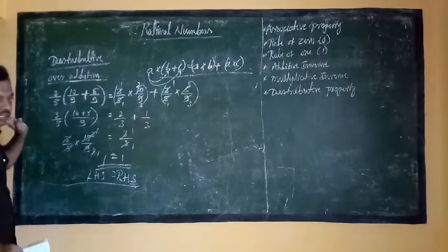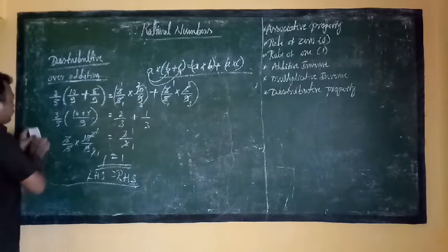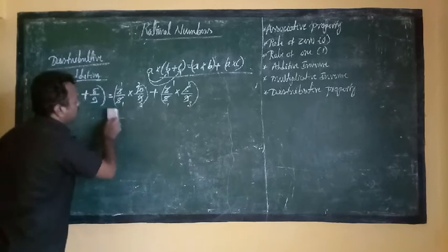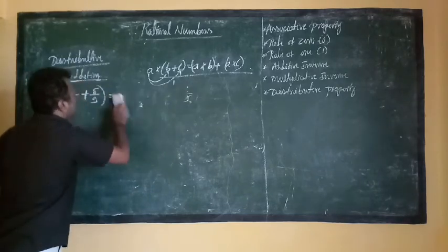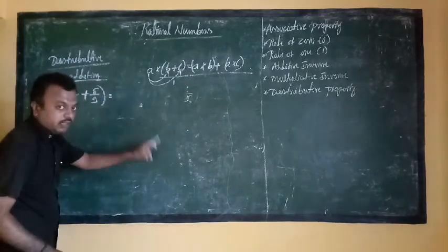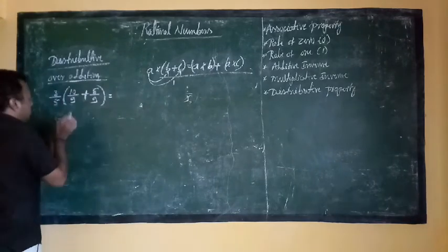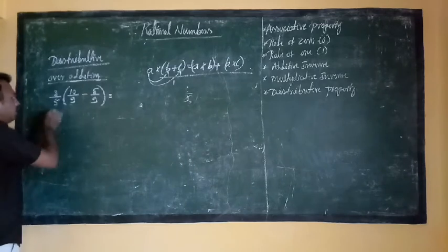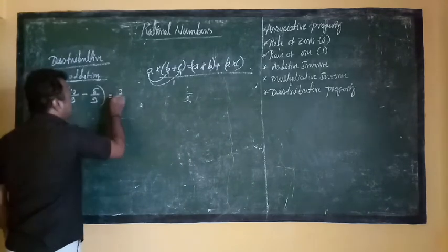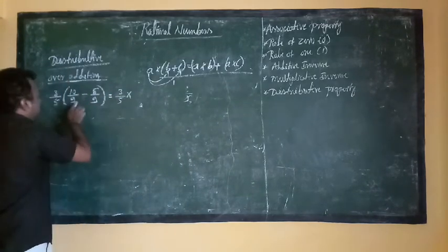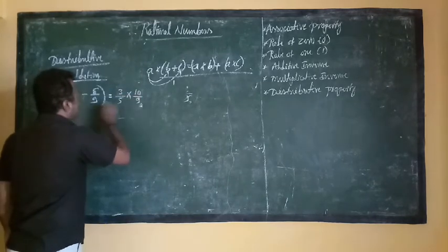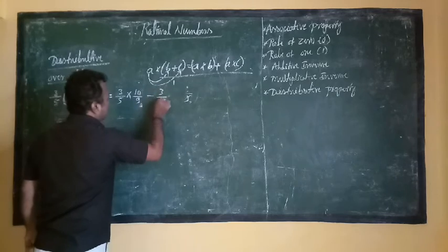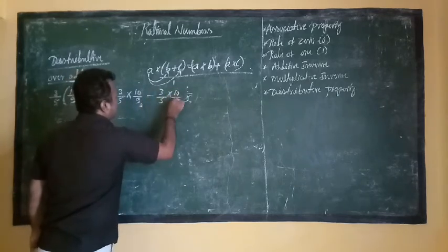Like that, subtraction. Okay? See, same. I did addition here, in that subtraction. That's all. So minus instead of plus is there. See, same procedure. Again 3 by 5 we should multiply with 10 by 9, minus, again 3 by 5 is multiplied with 5 by 9.